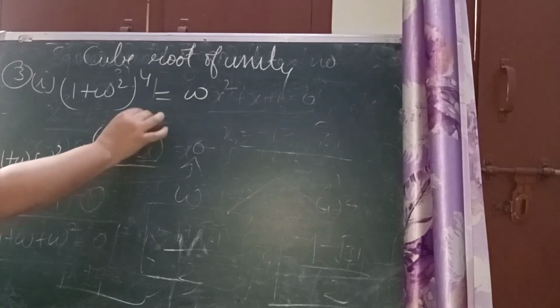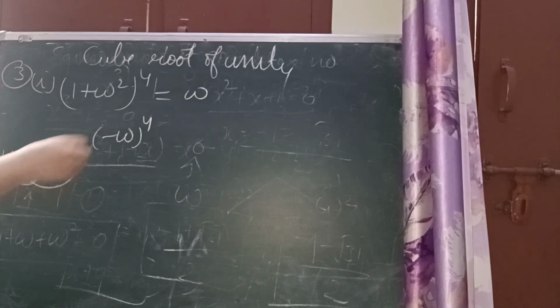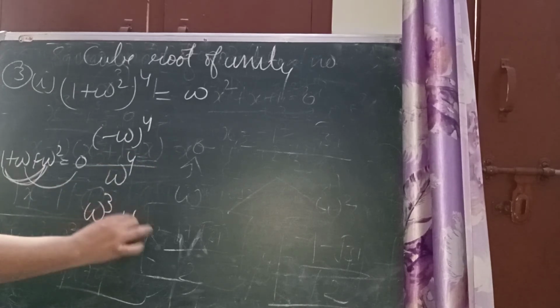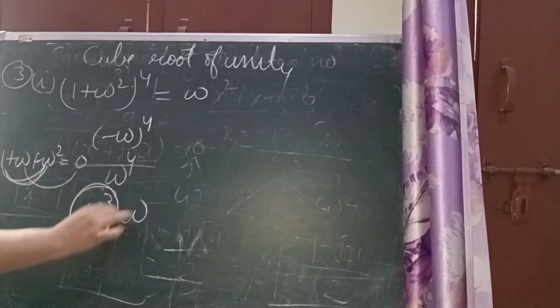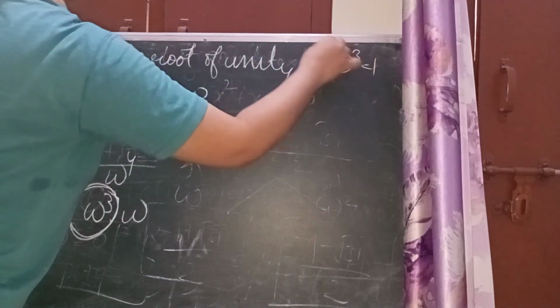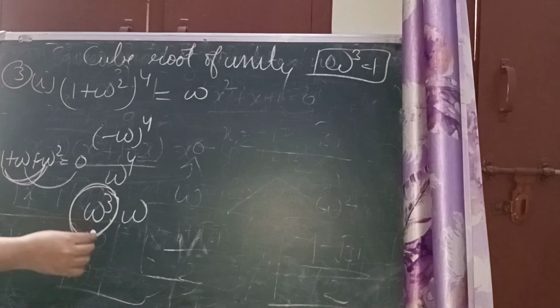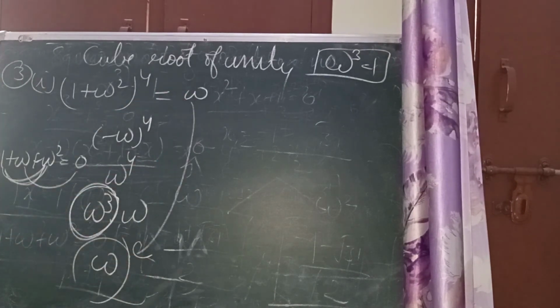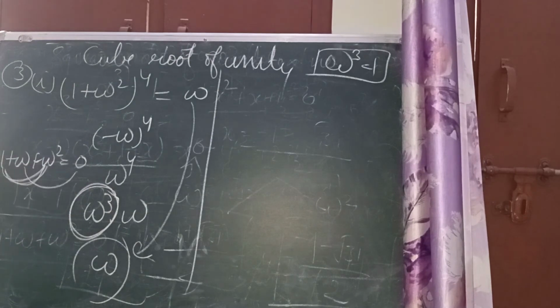So can I write (-omega) power 4? LHS I am checking. Can I write omega power 4 as omega cube times omega? We know that omega cube is always 1. So the solution will be only omega. Proved as right hand side.